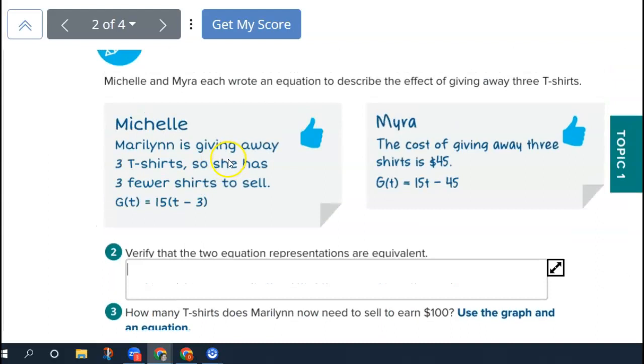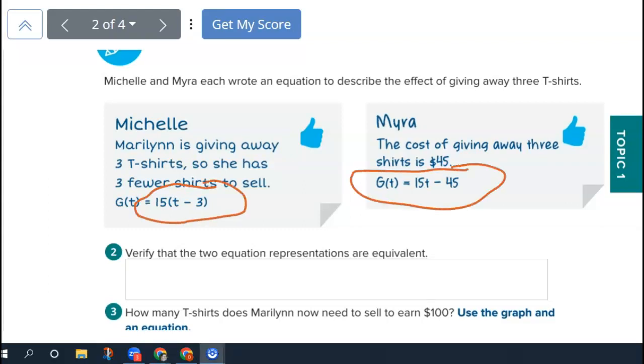So when you're using an equation, you may choose either this one or this one. And what you're trying to figure out is, what does t have to be if I want g of t to equal 100?